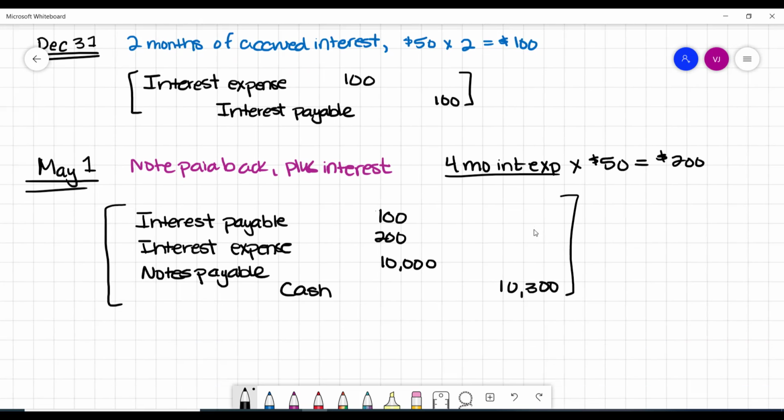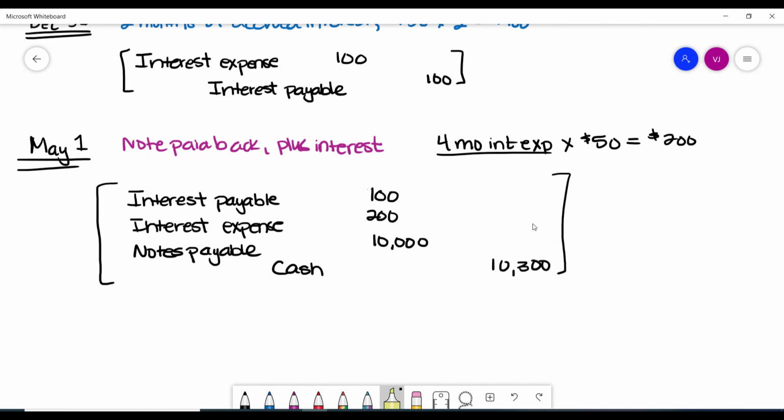So by looking at this, we can see that there's $300 of interest that was paid, like we had determined at the beginning. But remember, this note spanned 2 years. It's a 6-month note, but it didn't originate until the end of last year. So $100 of that $300 was recorded as interest expense in year 1, and the other $200 was recorded as interest expense in year 2.